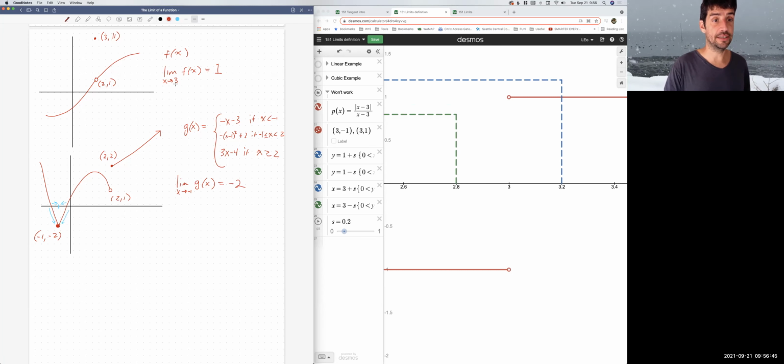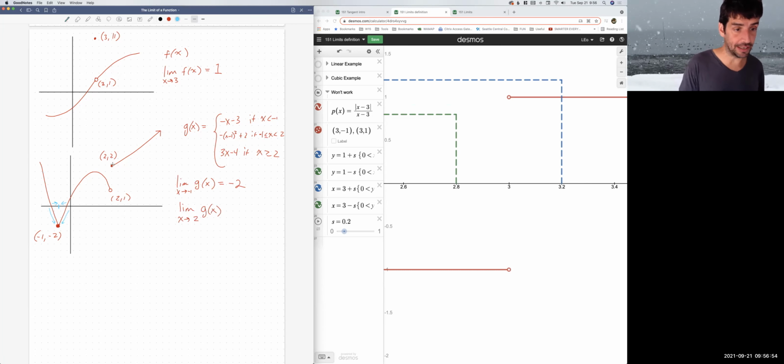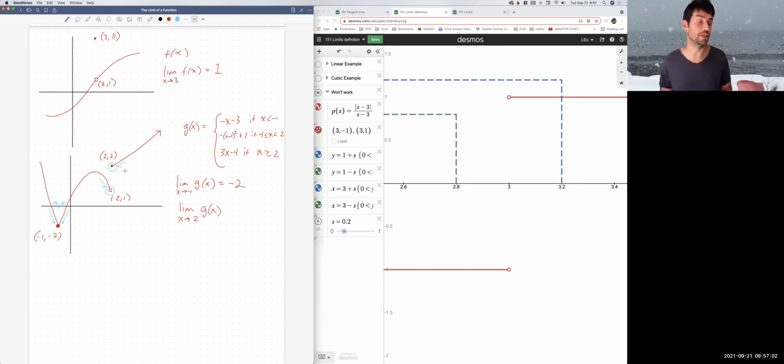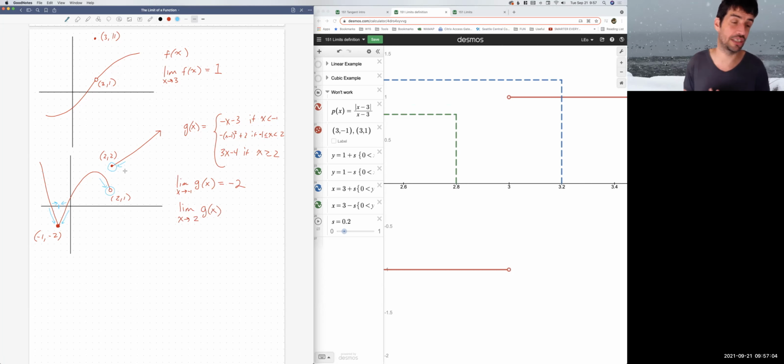On the other hand, if I try to take the limit as x approaches 2, I can't do this, because from the other side, as we approach 2 over here, our function is going to 2 different values depending on which side we approach it.